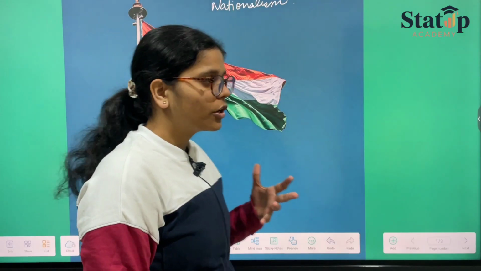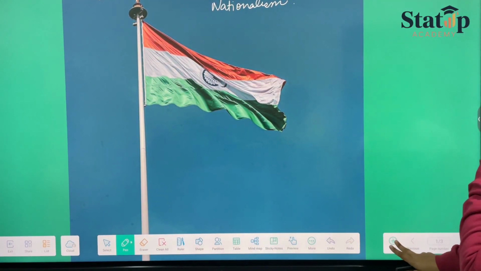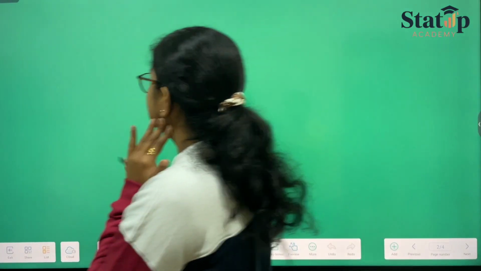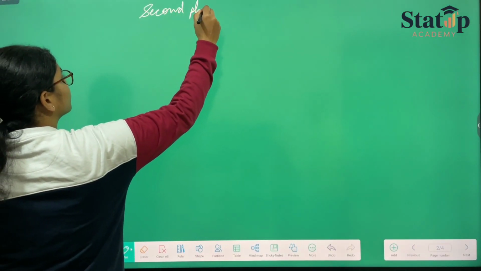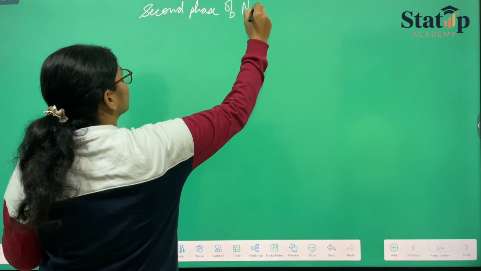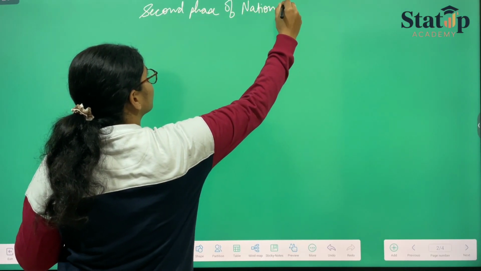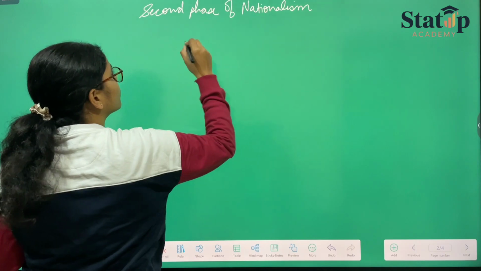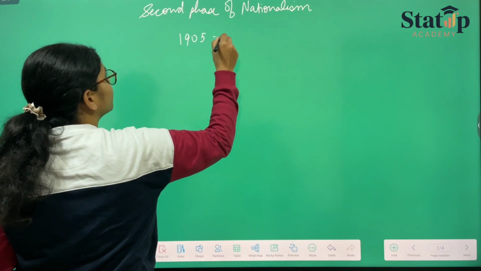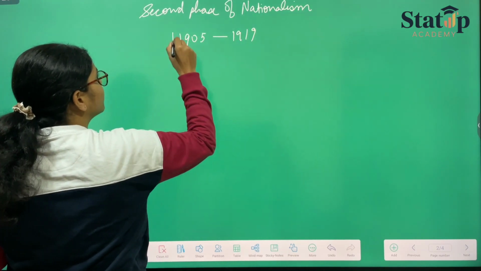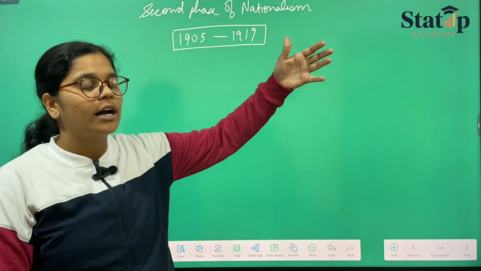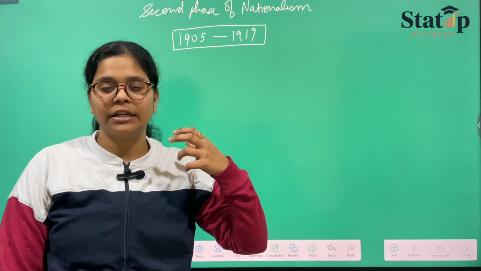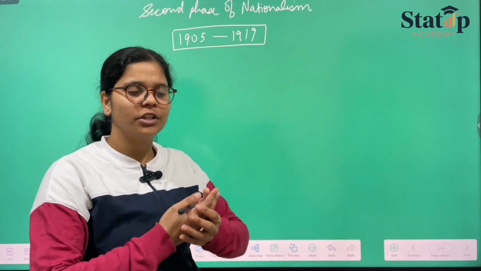So, while talking about the second phase of nationalism, we have its years: starting from 1905 to 1990, the second phase was there, and these two years have been very important in the history of India.